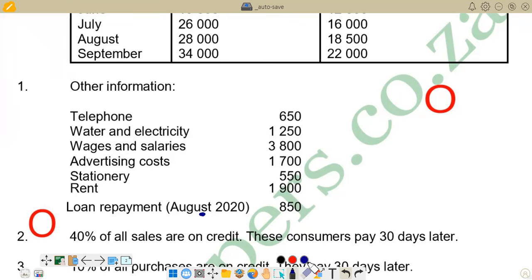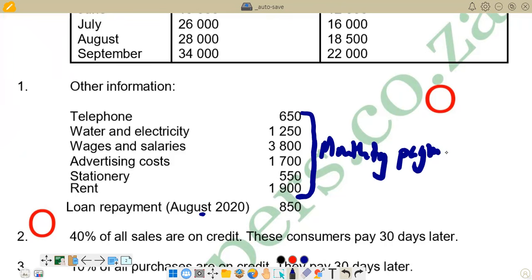So you'd see that from here down to rent, they are representing our monthly payments. These are our monthly payments. And we are just going to add the total there. And the total that we are going to get will be under monthly payments for all the months, because it's going to be fixed throughout the period that we are given.